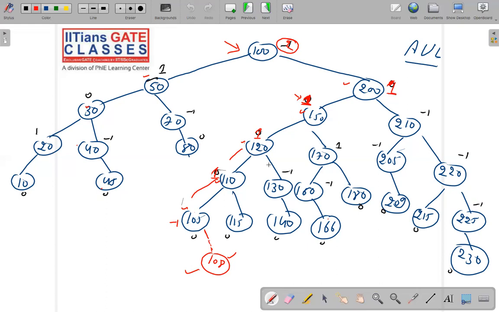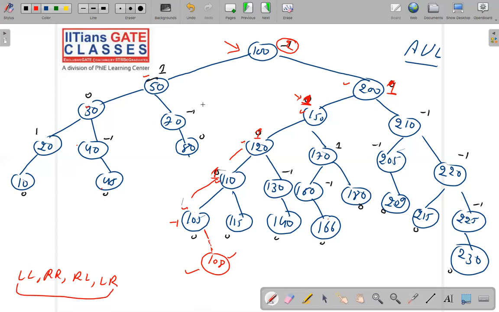Is it LL, LR, RR, or RL? Pause the video and try to find out which one of these four occurs here.